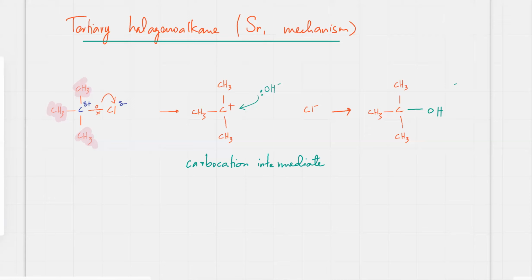So that's an actual carbocation intermediate, and I just wanted to add that it's a stable carbocation intermediate. So you can write everything that was wrong with that one. Everything is right over here. Stable carbocation.